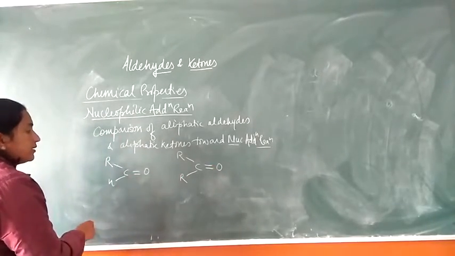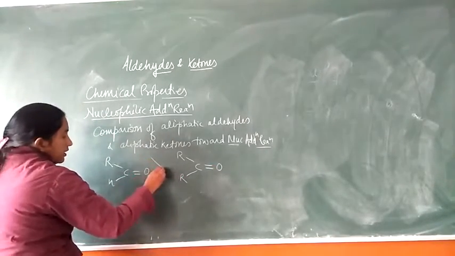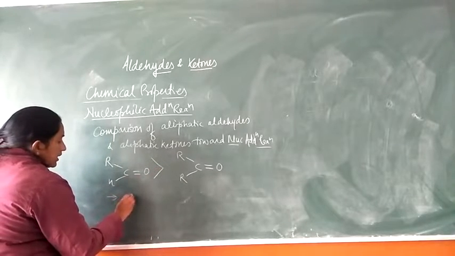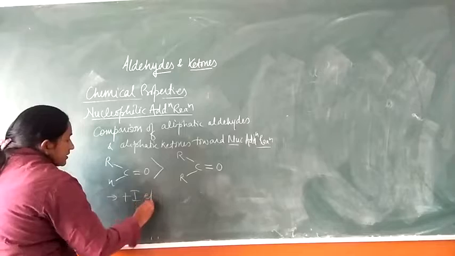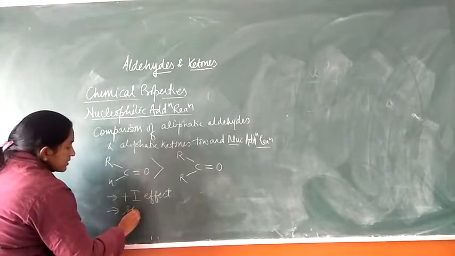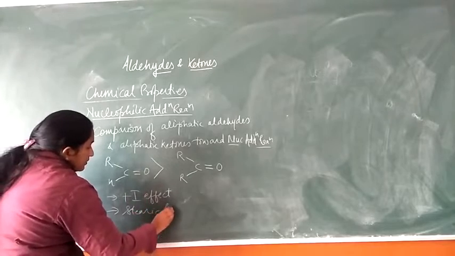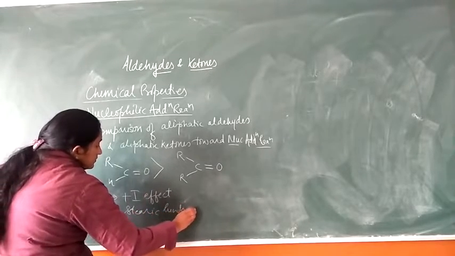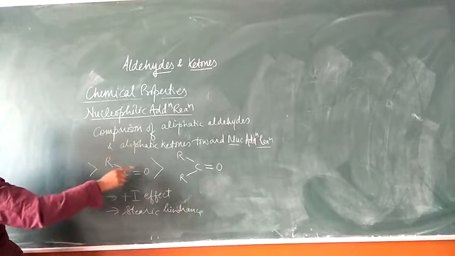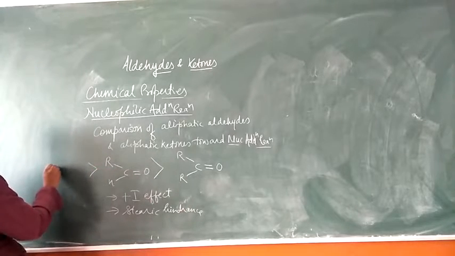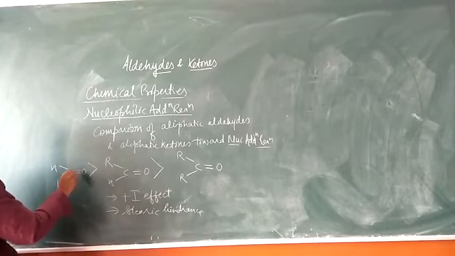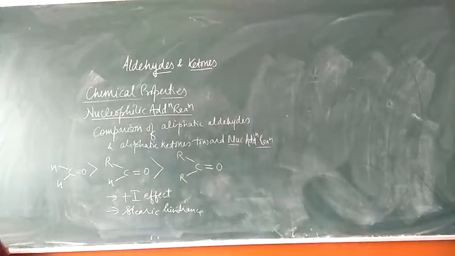Here the more susceptible will be this aliphatic aldehyde, and this can be explained through the plus I effect and through the steric hindrance. And among the two, formaldehyde will be more reactive toward the nucleophilic addition reaction.